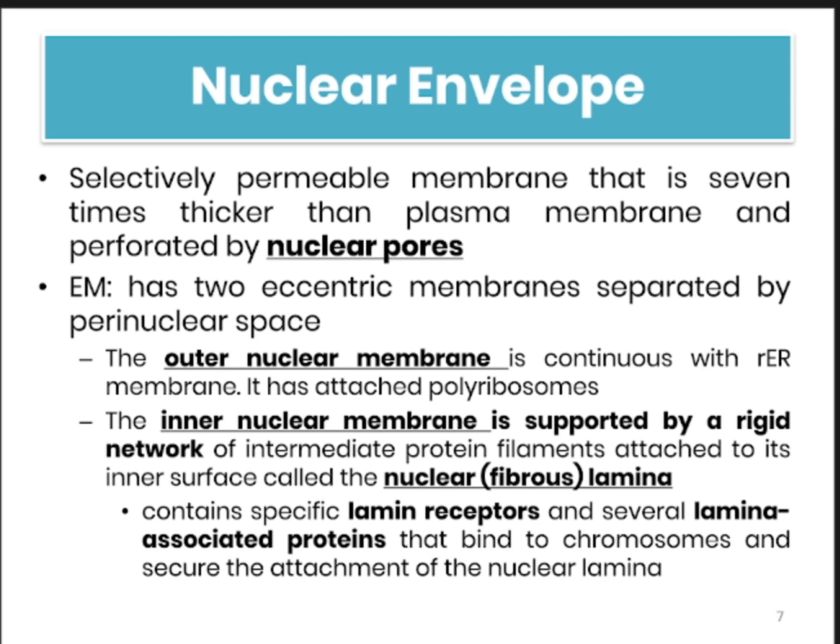While the inner nuclear membrane is supported by a rigid network of intermediate protein filaments known as the nuclear or fibrous lamina. It also contains lamin receptors and several lamina-associated proteins that bind to chromosomes and secure the attachment of the nuclear lamina.